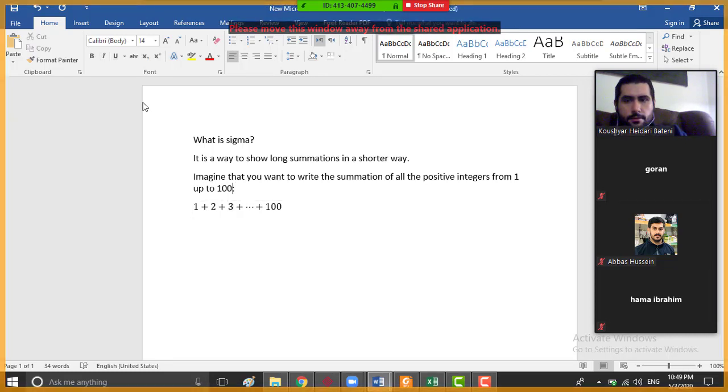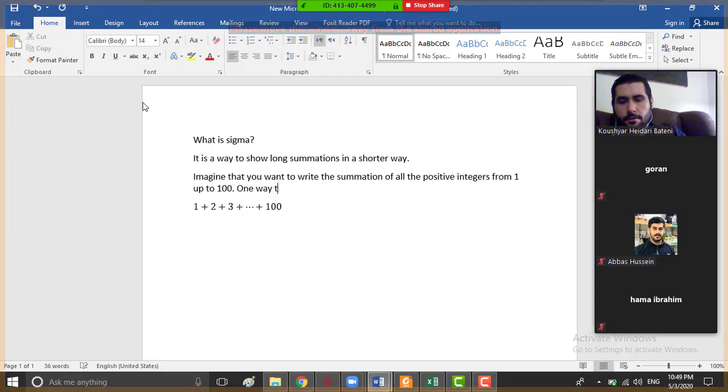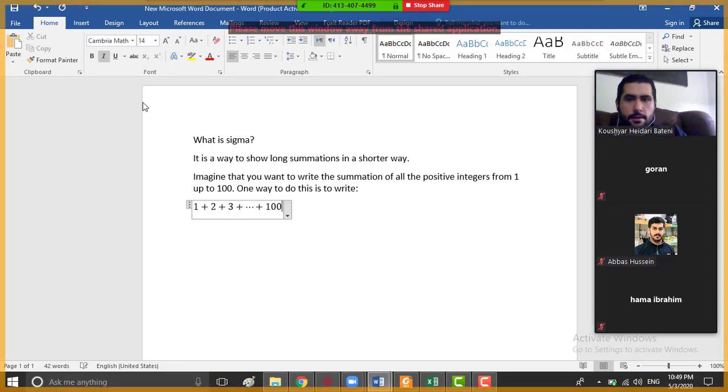One way to do this is to write 1 plus 2 plus 3 plus dot dot dot plus 100. Okay? You all agree with that? That's a long way.